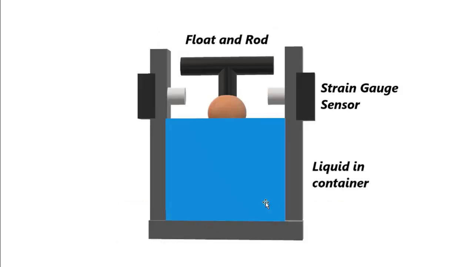Then we have the other arrangement where again, like we have used in all the previous sensors, we use a float and rod, and we connect the strain gauge sensor at the side walls of the container. So when the liquid level in the container goes up or down, the rod attached to the float strikes the sensing shaft of the strain gauge sensor, and as a result, again one pair of wires in the strain gauge via the connecting rod undergoes compression, and the other pair undergoes expansion.